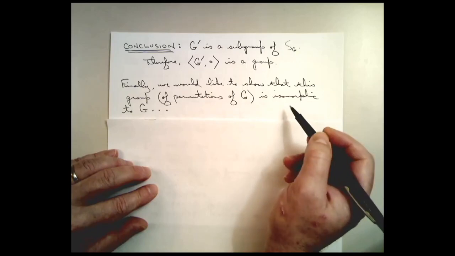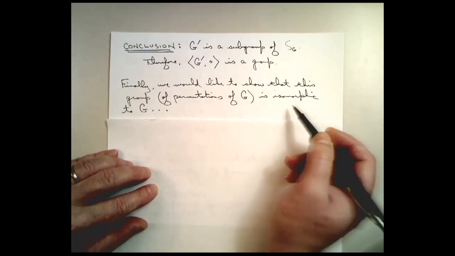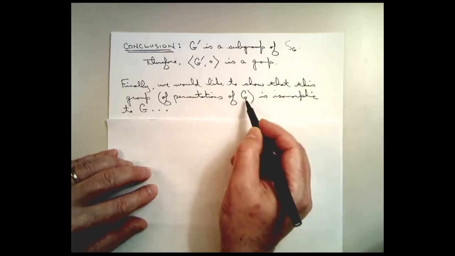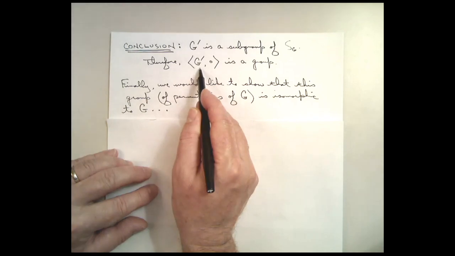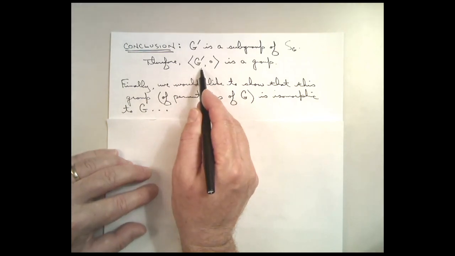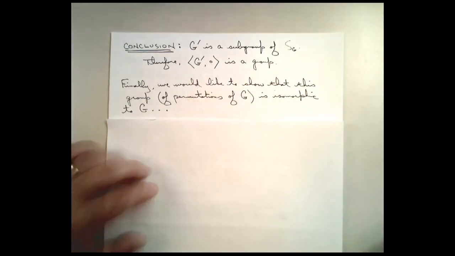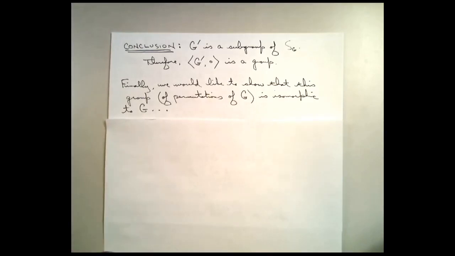We need to find an isomorphism between the group G and the group of permutations that we're associating with G. And there's a very natural function which is likely to do the job.